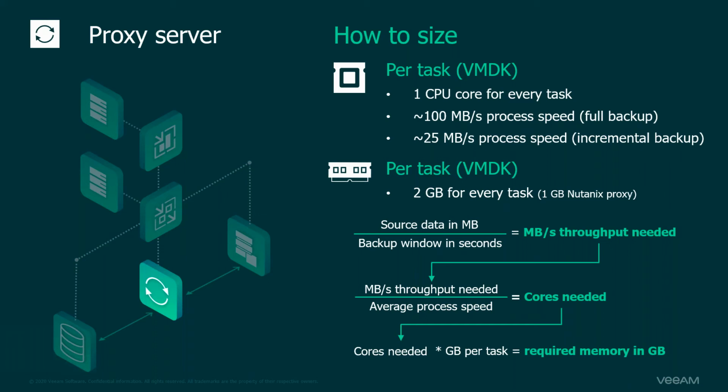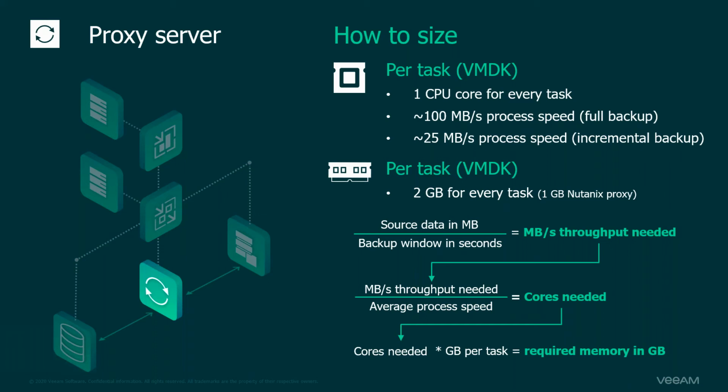So to determine how many cores and how much RAM we need, we're going to take the source amount of data that we're going to be backing up and divide that by our backup window in seconds. That's going to tell us how many megabytes per second throughput we need to process this data. We can then take that throughput and divide it by that average process speed, let's say 100 megabytes for a full backup, and that's going to tell us the number of cores that we need.